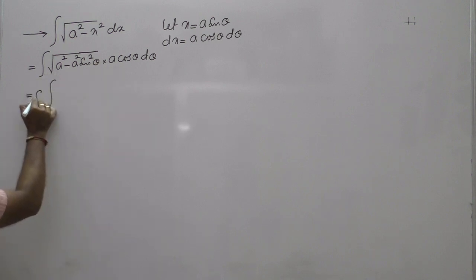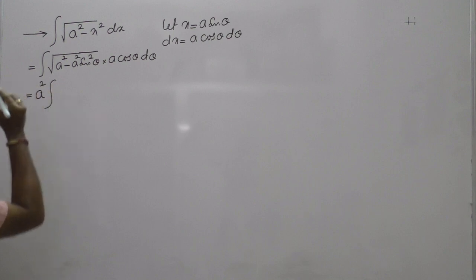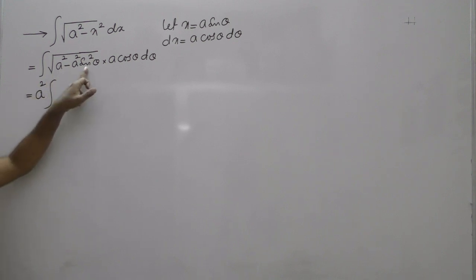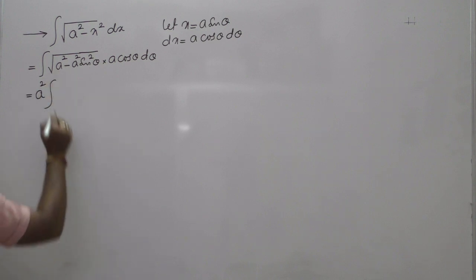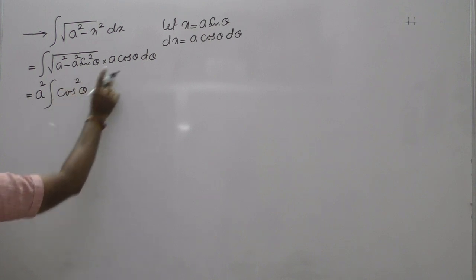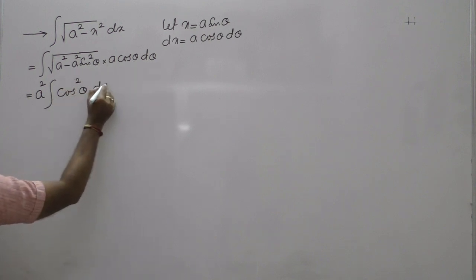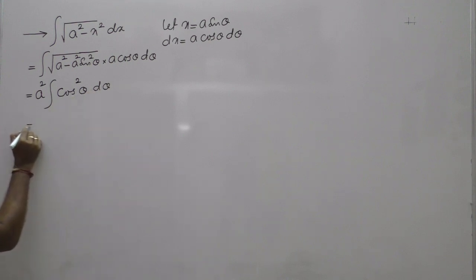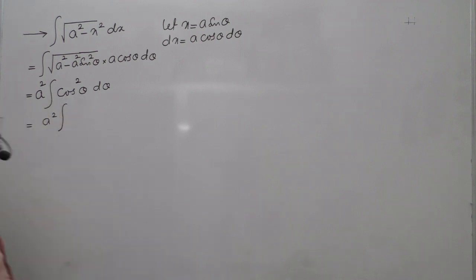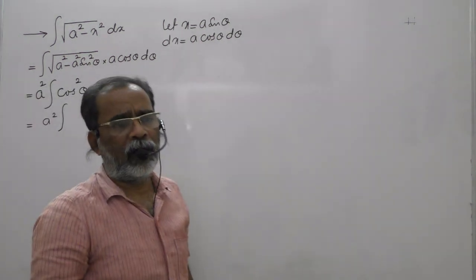Already a is there, so that means a square, which is a constant, can be written outside. What will be there now? Root over 1 minus sin square theta, cos square theta. Root over cos square theta is cos theta. Already we have a cos theta here, therefore it becomes cos square theta. Yes, a square into integral cos square theta.